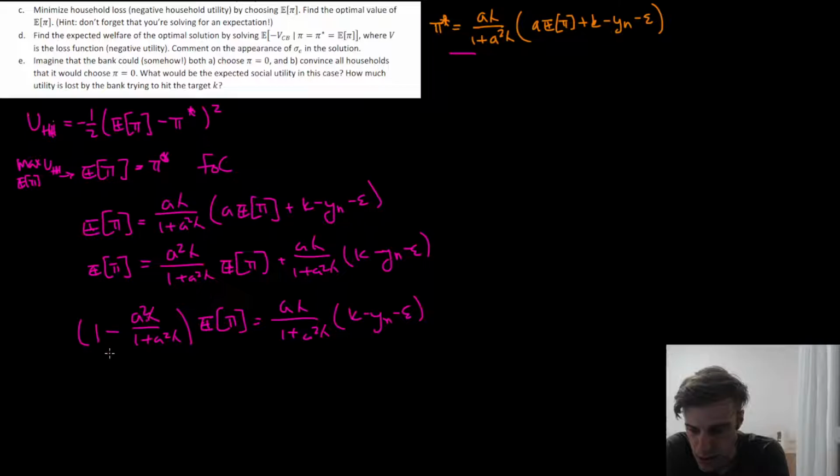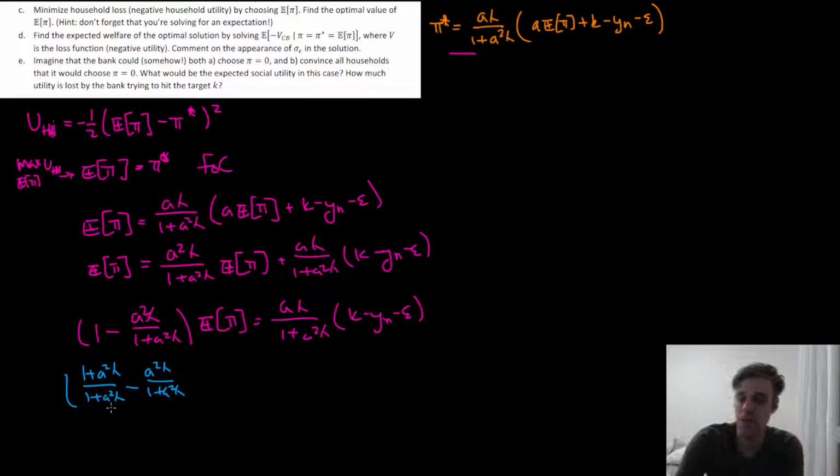And then whenever you see a 1 minus a fraction like this, it's nice to try to see if it helps to write 1 as the denominator over the denominator. So I'll rewrite this as 1 plus A squared lambda over 1 plus A squared lambda, minus A squared lambda over 1 plus A squared lambda. And we can combine these now because they have a common base. And the A squared lambdas are going to cancel, right?